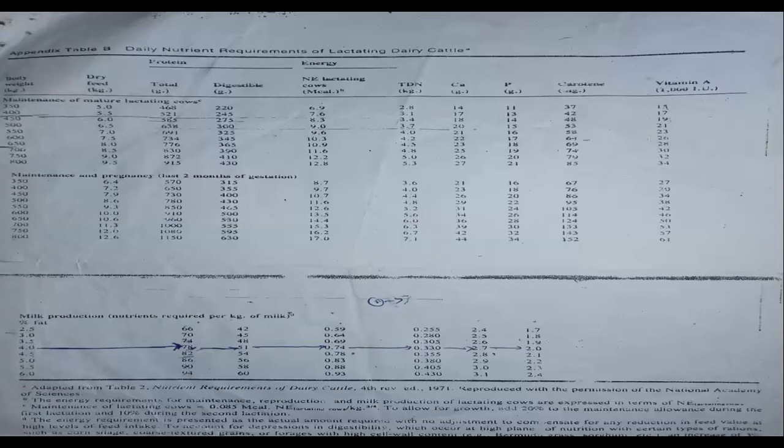Then maintenance and pregnancy, that means at the last 2 months of gestation period, they still need additional nutrients. And if you check down, you see the milk production, that means the percentage fat. As I've said earlier, we check the amount of the butter fat inside the milk, not the quantity being produced. Next slide, sir.